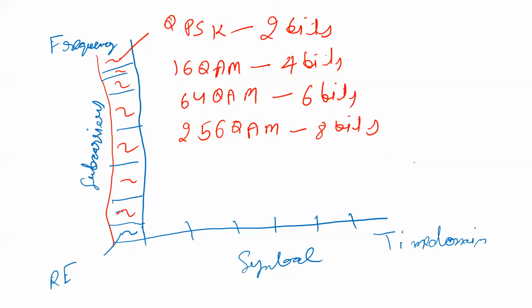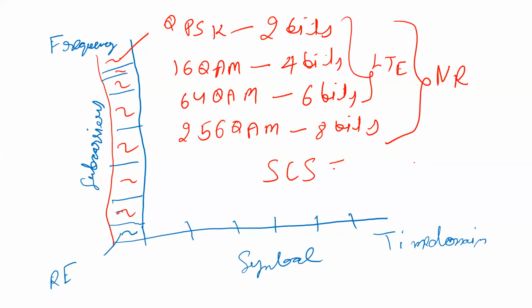In case of LTE, only up to 64 QAM is allowed. But in case of 5G, a new modulation, which is 256 QAM, is also allowed in case of NR. And as you know, subcarrier spacing is inversely proportional to time.